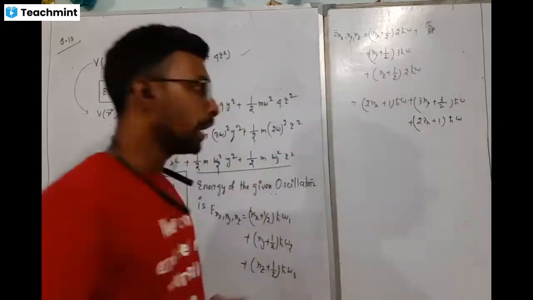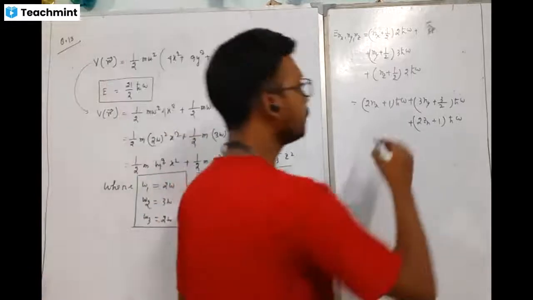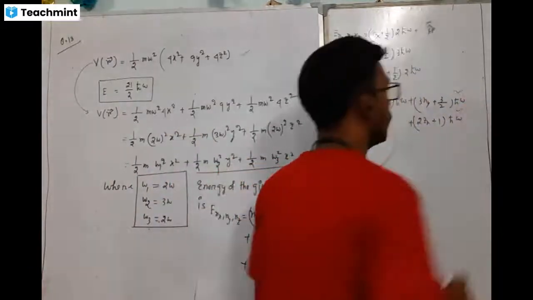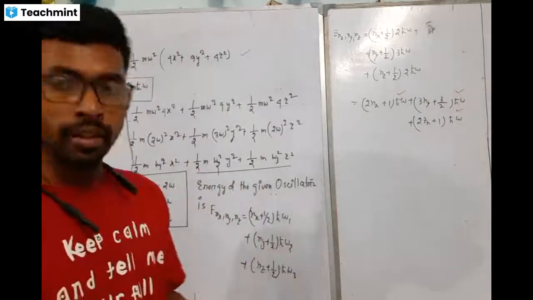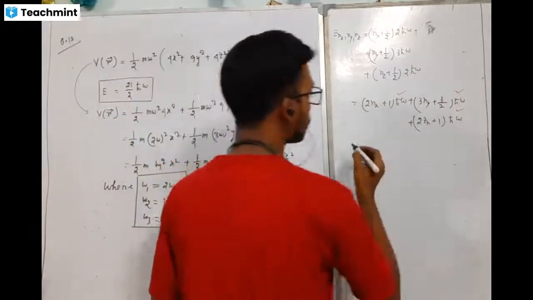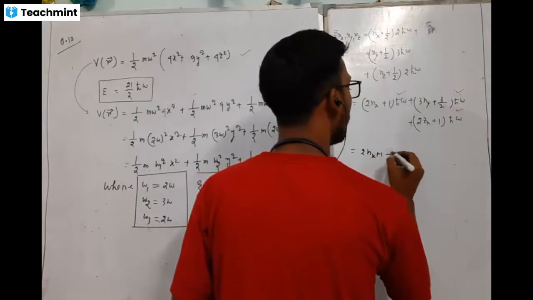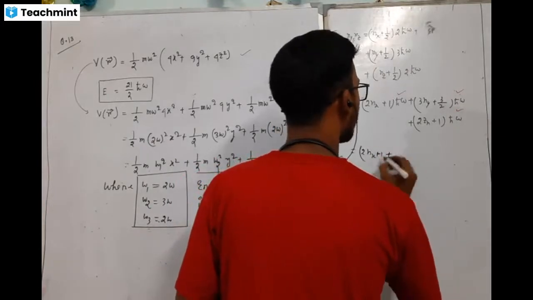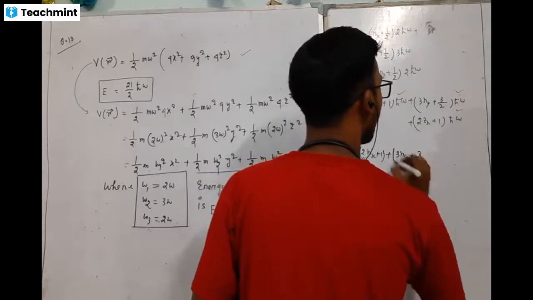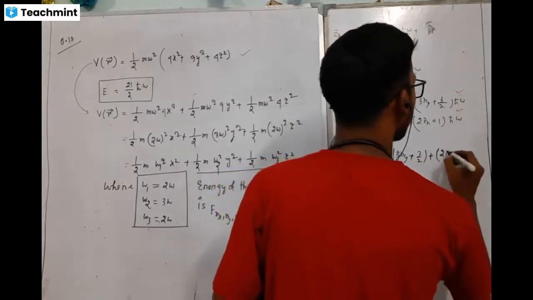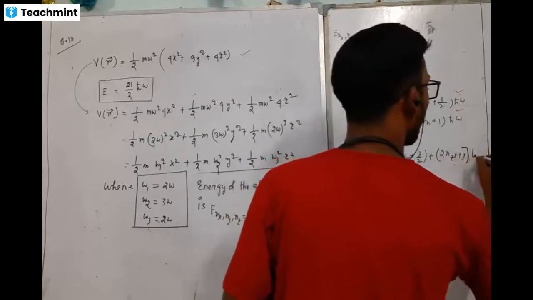Now take h cut omega common from the 3 terms, and we get the expression of the energy equal to 2nx plus 1, 3ny plus 3 by 2, plus 2nz plus 1, times h cut omega.